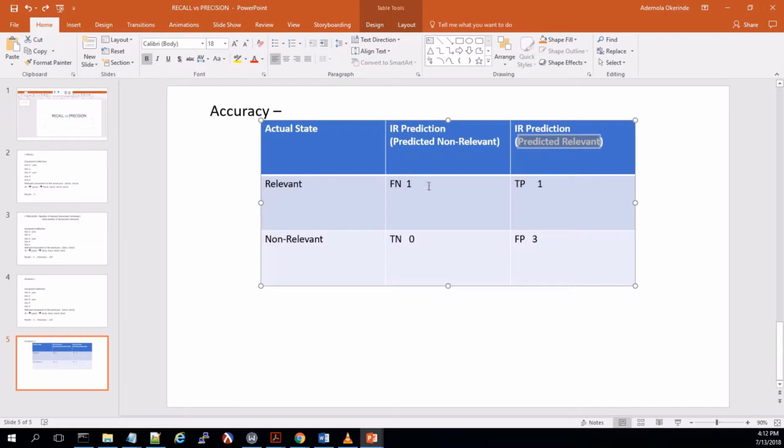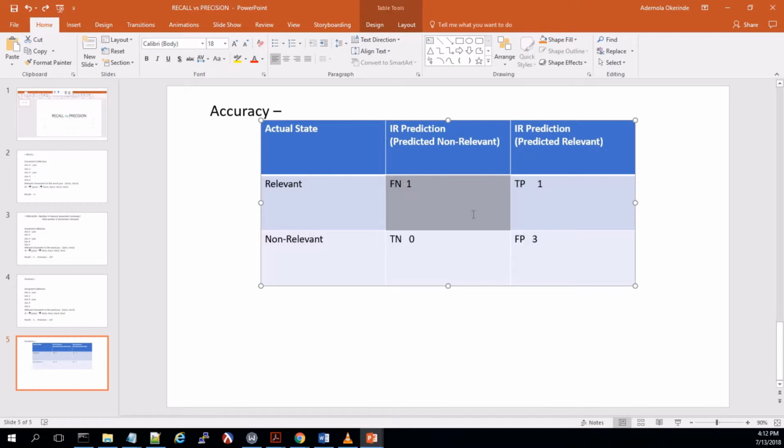Here this column represents those that are predicted non-relevant, and this row represents the actual relevance. So we look at the column and the row, and there is an intersection.